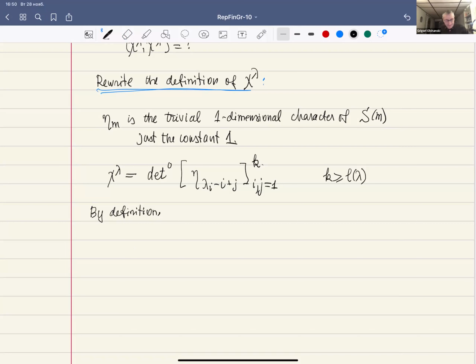So this is the sum over all permutations of the symmetric group, the sign of this permutation, and so on.